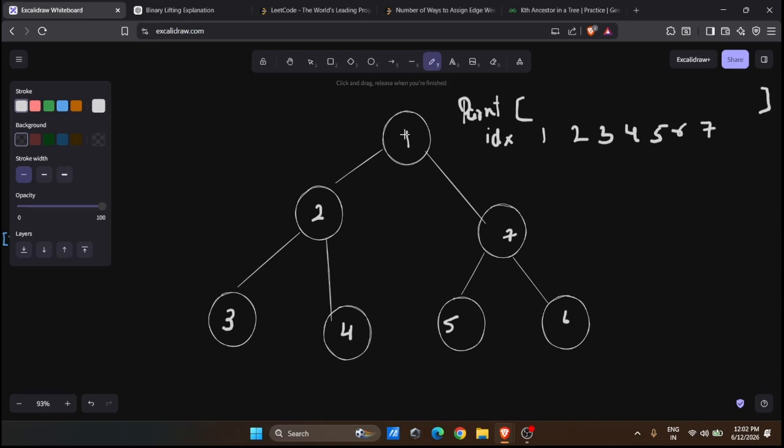When I move in a DFS, initially there is no parent of 1, so we'll mark it -1, which is the root over here. So the root has no parent.